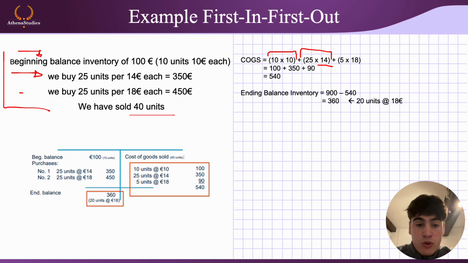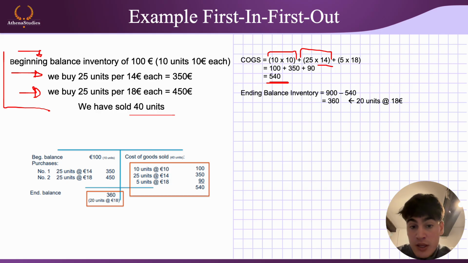So we will take 5 of the last units, which is 5 times 18. And we just sum up everything, and this is equal to 540, as we can see in here. This is the quantity we are selling right now.